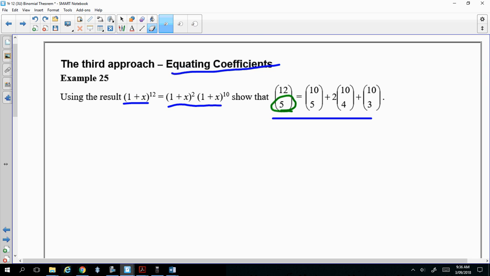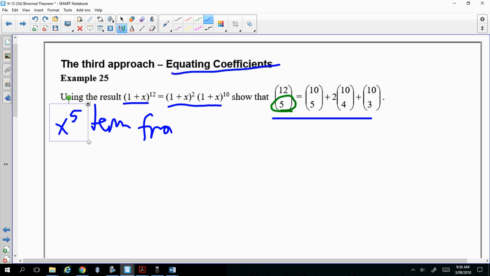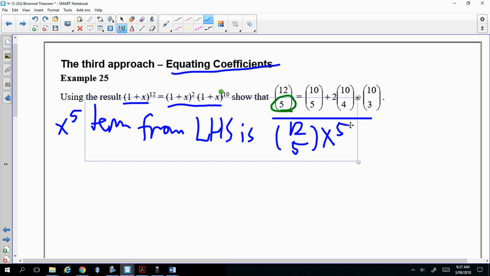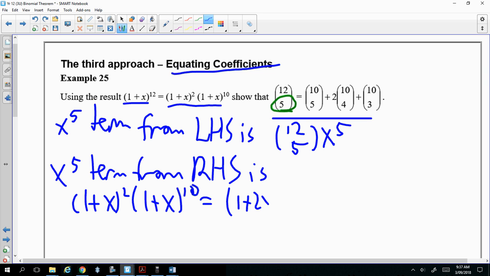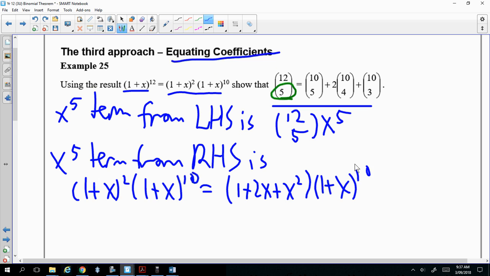And then you do the other one, x power of 5 term from right hand side is, now this one you have to do some work. You write (1 plus x squared), (1 plus x) to the power of 10, write it as 1 plus 2x plus x squared, expand the perfect square. Then you get to see what to do, because there are 3 ways that can be created. You have to go 1 times the x power 5 term, 10, 5.